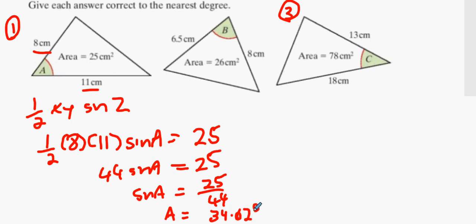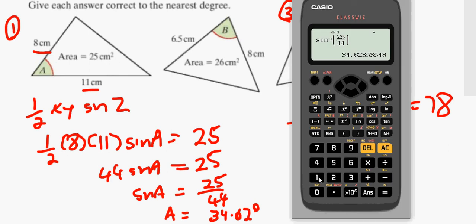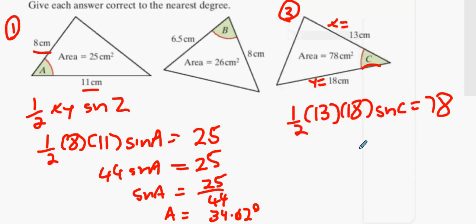If we go to part 3, it's a half 13 times 18 sine C, the angle in between, equals 78. So 13 multiplied by 18, half the answer, is 117. So 117 sine C equals 78.